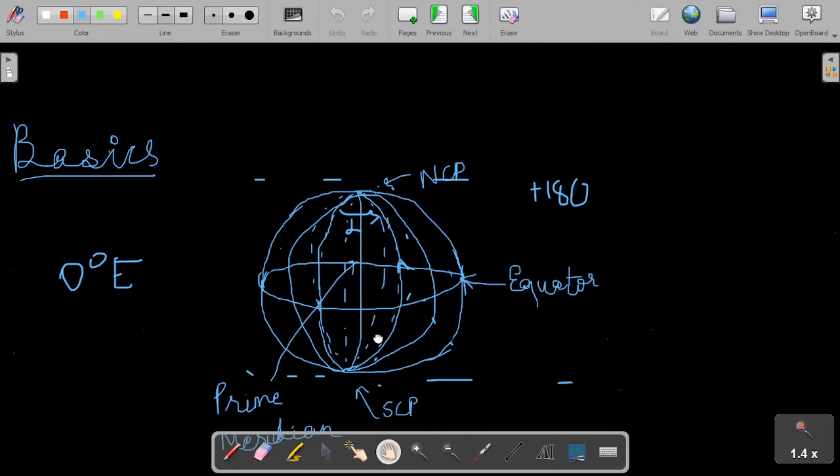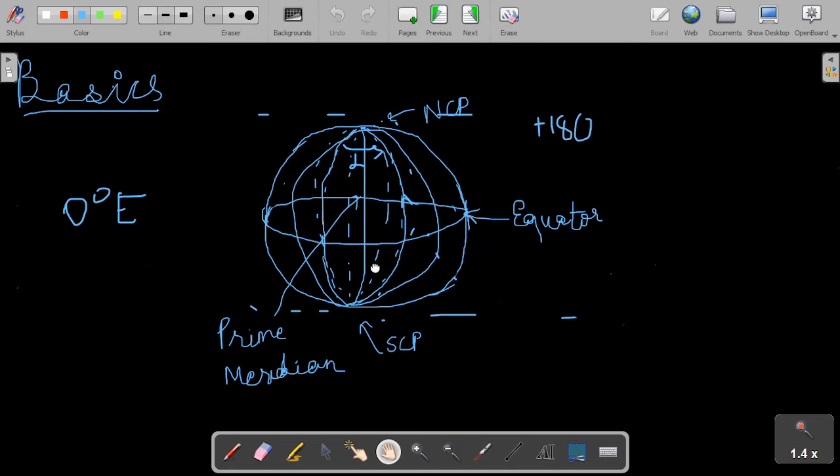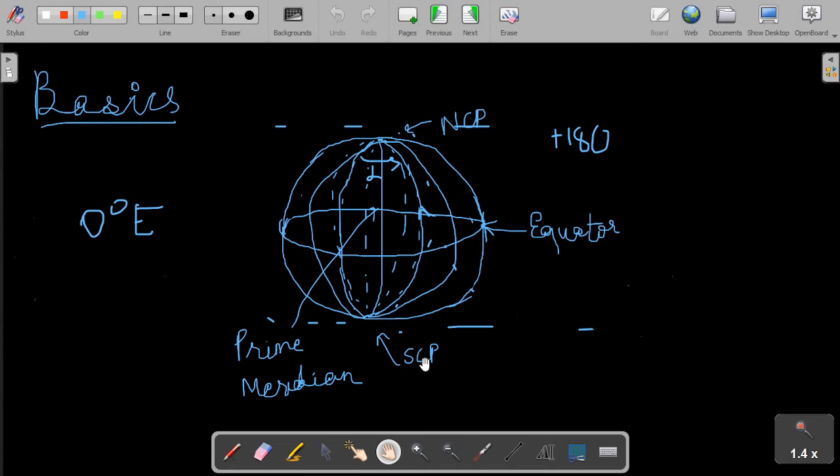So basically, let's first go through some basics which you have probably learned in your lower grades. And if you haven't, that's no problem because now we are going to them. Now consider this sphere as your Earth. Of course, Earth is not exactly a sphere, but for the sake of simplicity, you're considering it as a sphere.